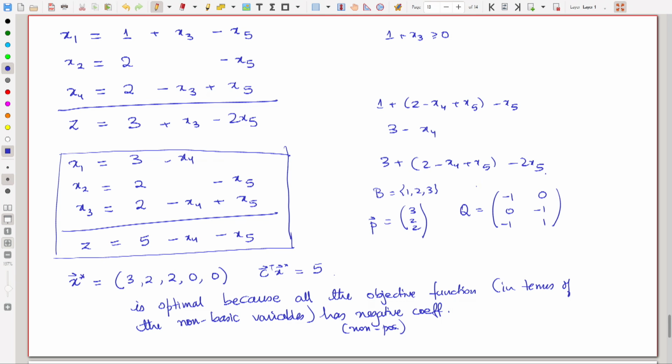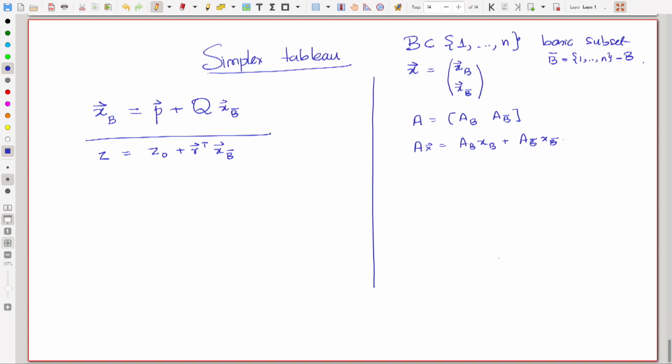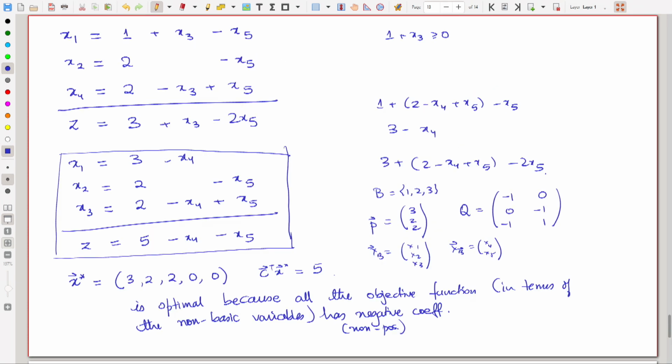X b is just x 1, x 2, x 3, x b bar is x 4, x 5, and what else is that? Z naught is 5 and R transpose is minus 1, minus 1.